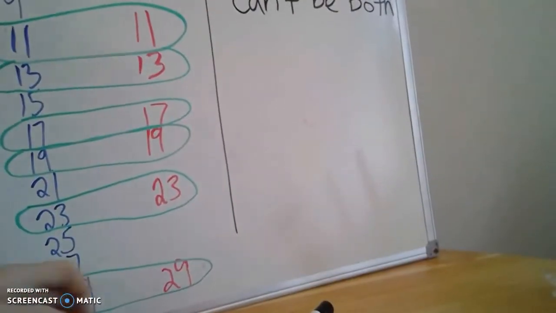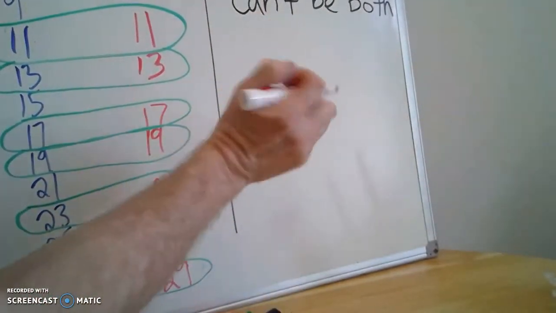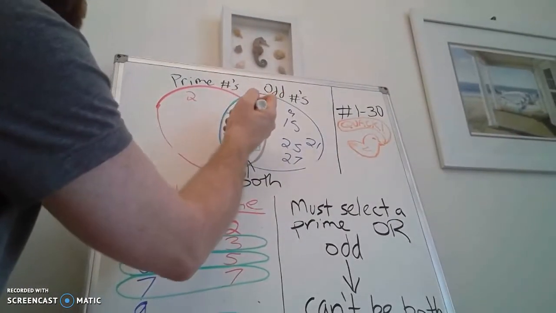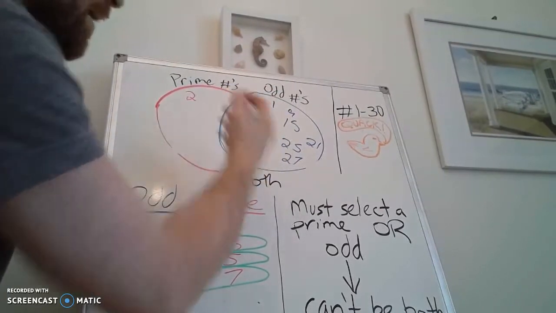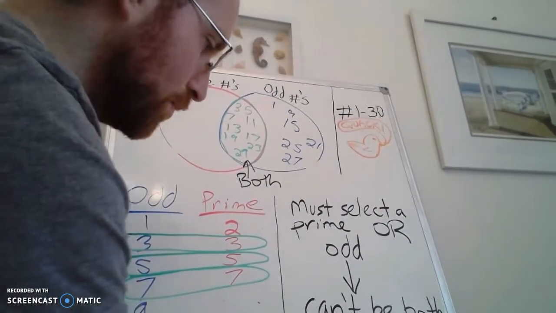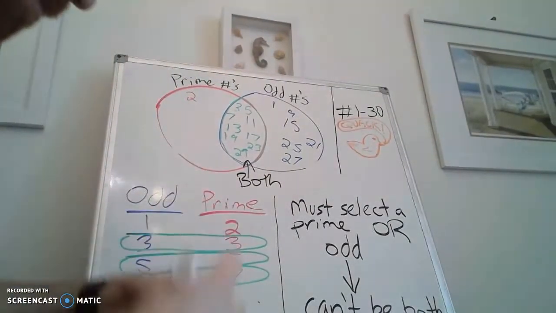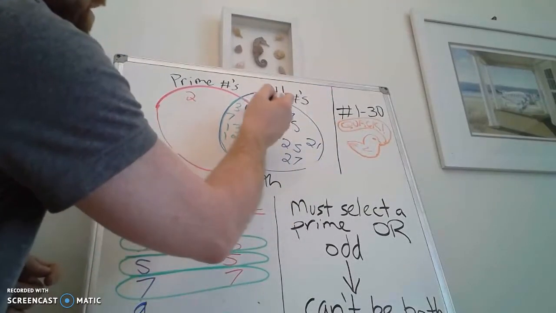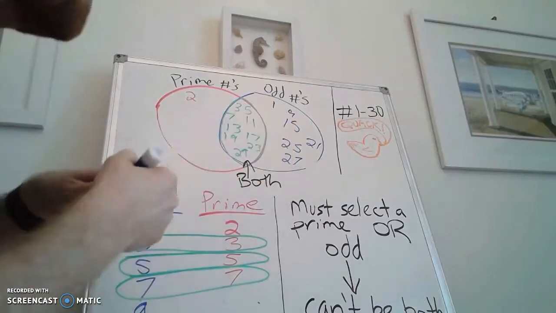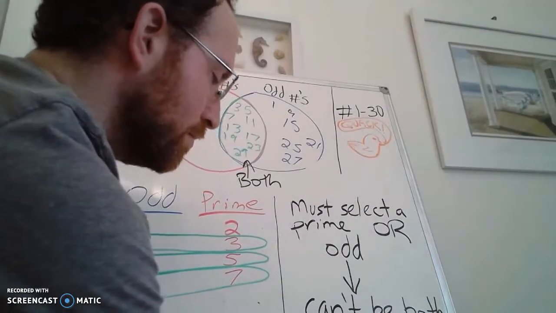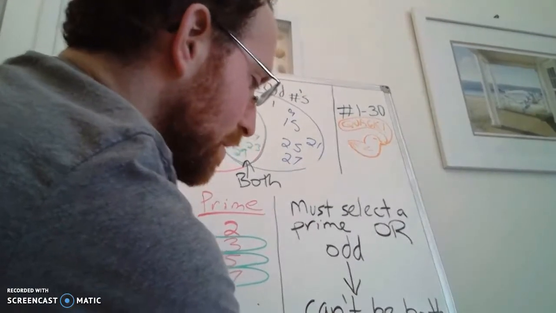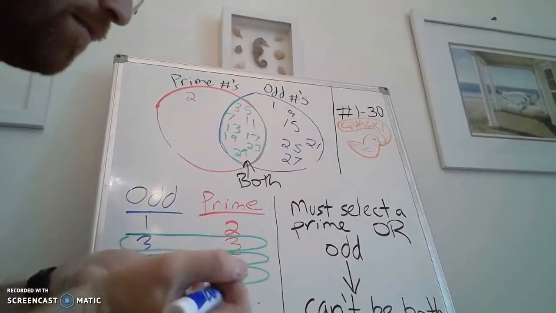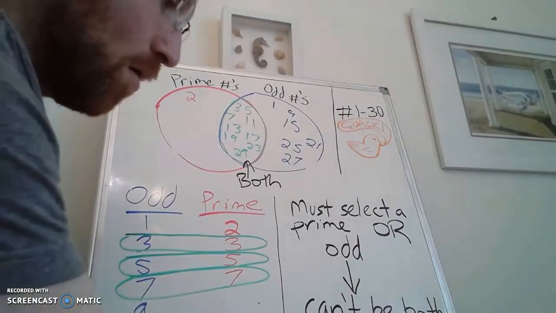So when we counted prime numbers, we have 1, 2, 3, 4, 5, 6, 7, 8, 9, 10. So we have 10 out of 30 that are prime. Then for odd: 1, 2, 3, 4, 5, 6, 7, 8, 9, 10, 11, 12, 13, 14, 15. That's 15 that are odd, because we have 15 odd numbers out of 30, and now we'll add them together.